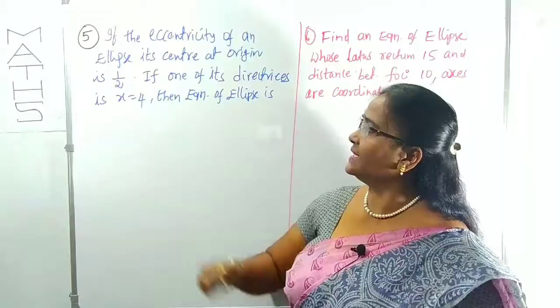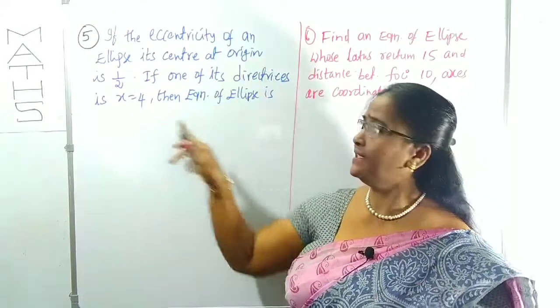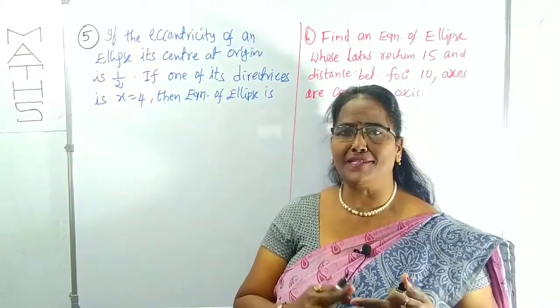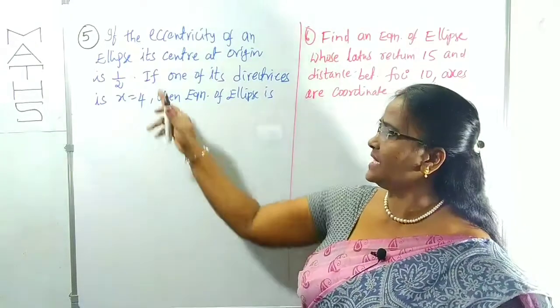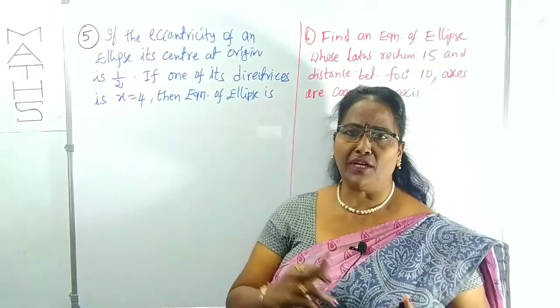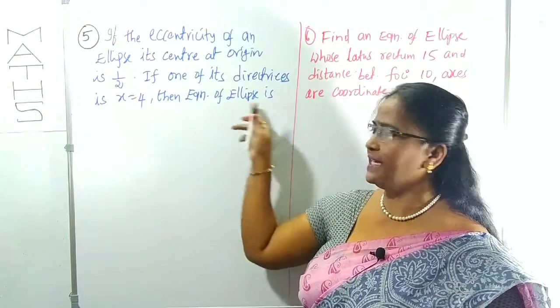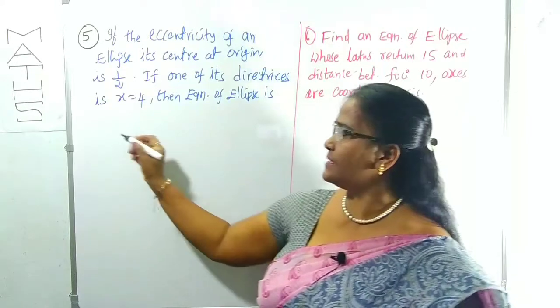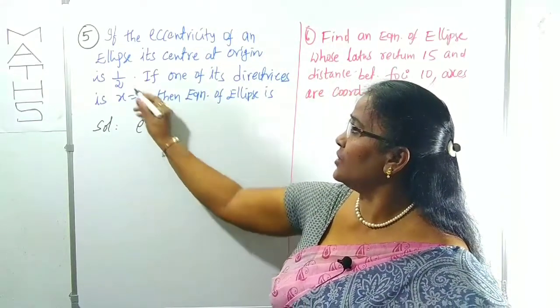If the eccentricity of an ellipse, whose center is at the origin, is given as 1 by 2, and one of its directrices is x is equal to 4, then the equation of ellipse is. Here it is simply given that eccentricity e is 1 by 2.